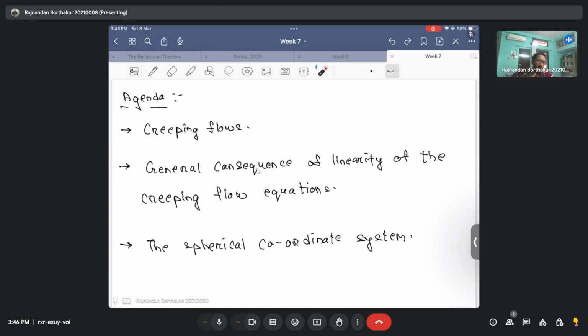You basically calculate the drag force on a sphere subjected to a uniform flow. It comes out to be 6 pi eta times its radius.